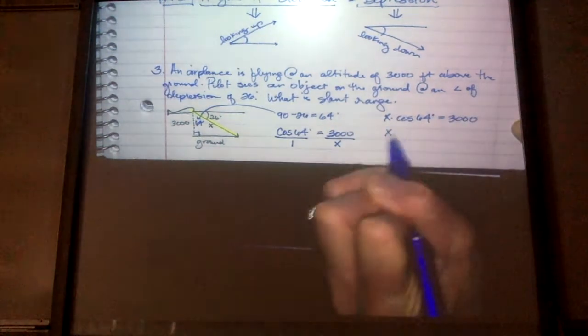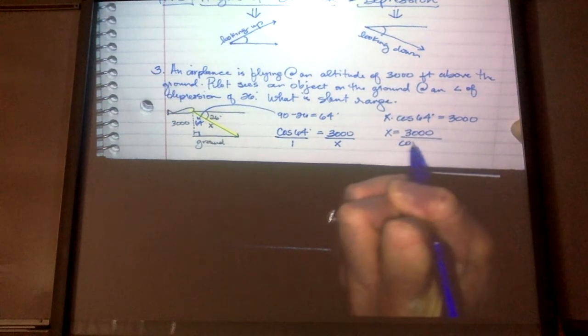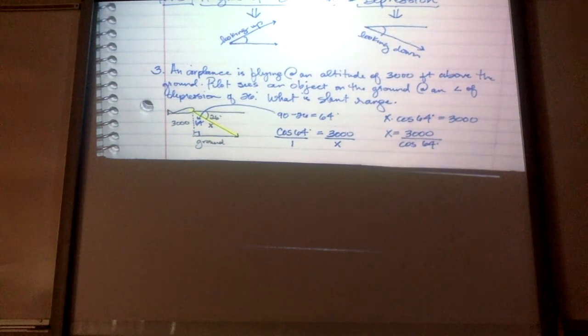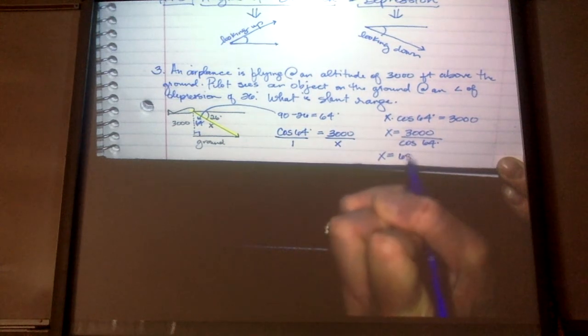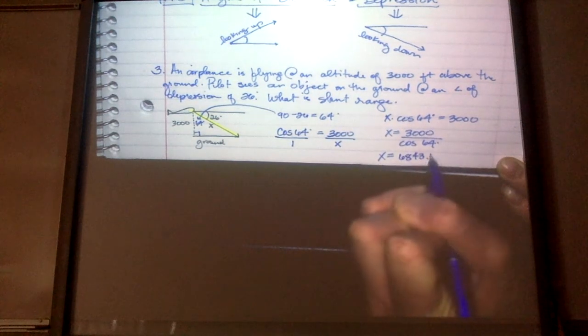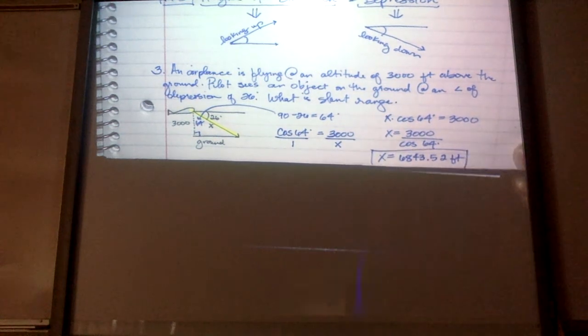So then x would equal 3,000 divided by the cosine of 64. And that is what I'm going to enter in my calculator, and I get that x equaled 6,843.52 feet.